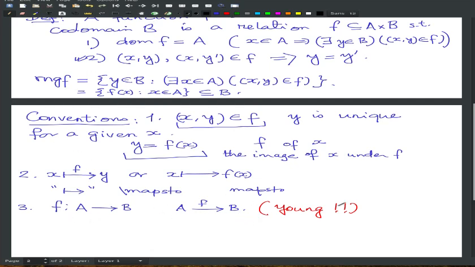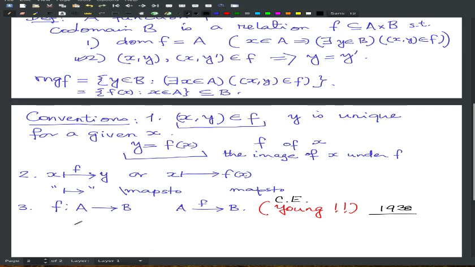Until as recently as 1938, while working with differential equations, the mathematician C.E. Young came in and gave this dynamic symbolism, and it took up.